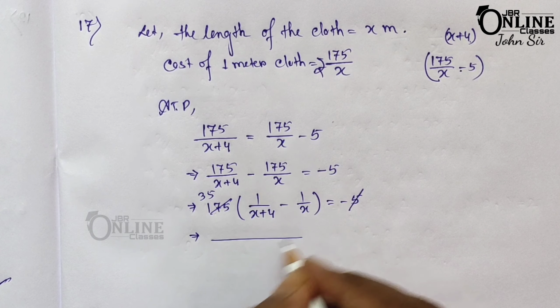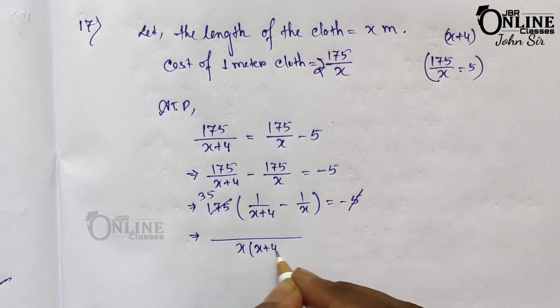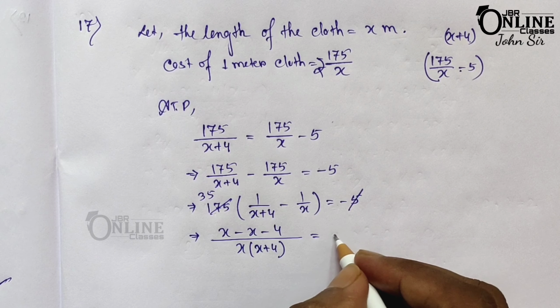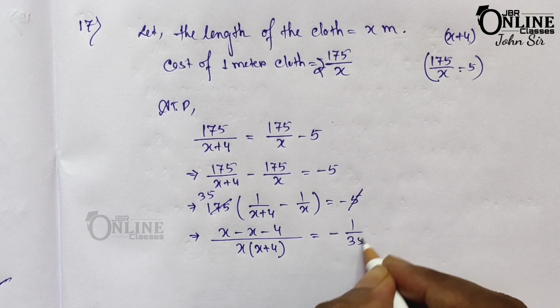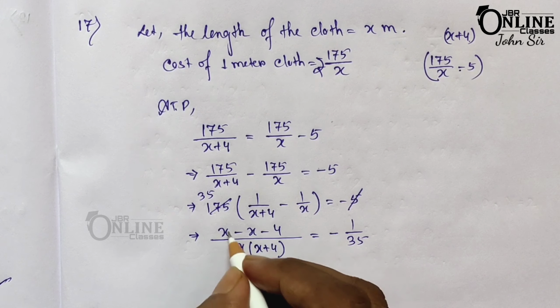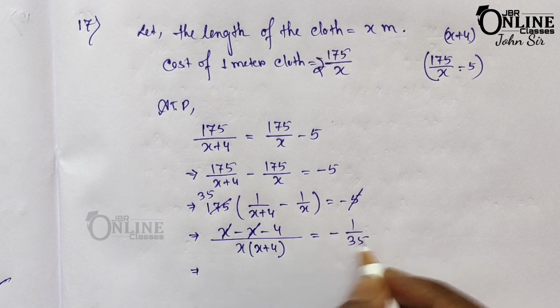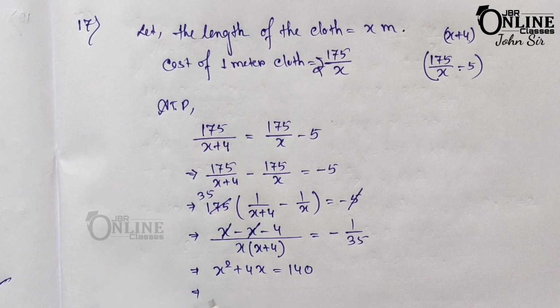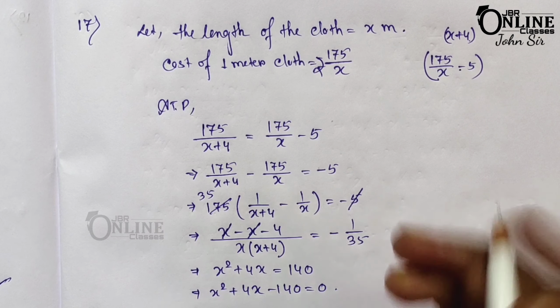So x into x plus 4 as LCM, x minus x minus 4 equals minus 1 by 35. Now cross multiply: x square plus 4x equals 35 into 4, and that equals 140. So from that x square plus 4x minus 140 equals 0.